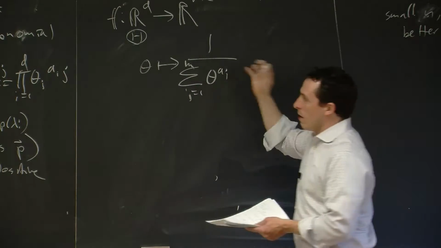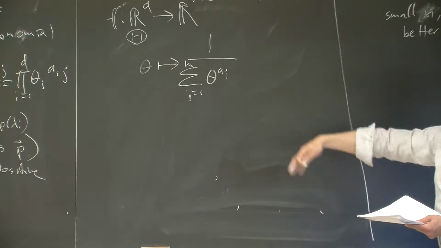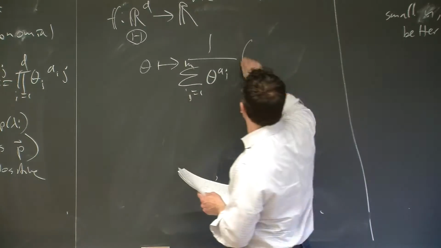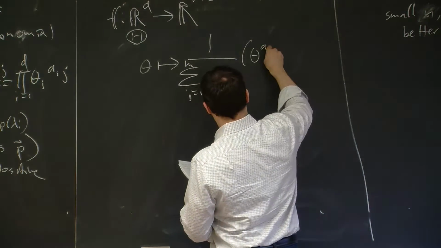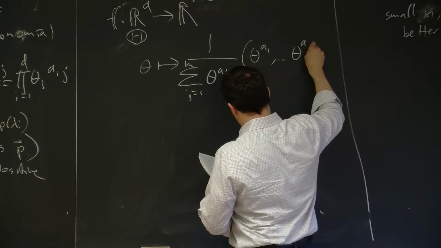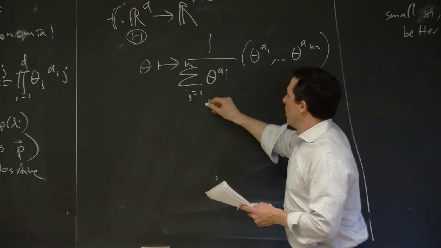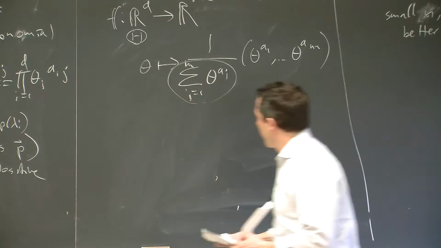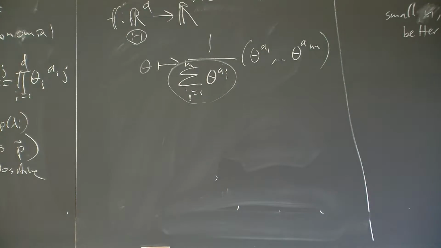So if I'm not interested in the overall count, I want to normalize it so everything sums to 1: theta^A1, theta^AM. And this, alternately, I can think of as absorbed into the lambda. It's just a normalizing constant.